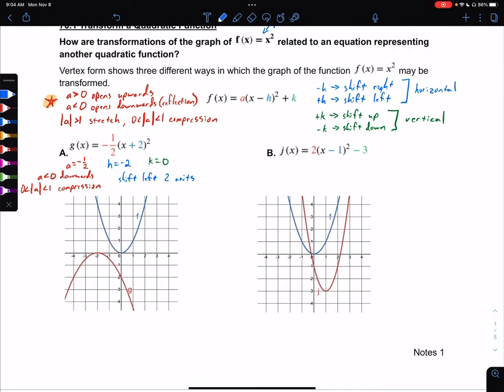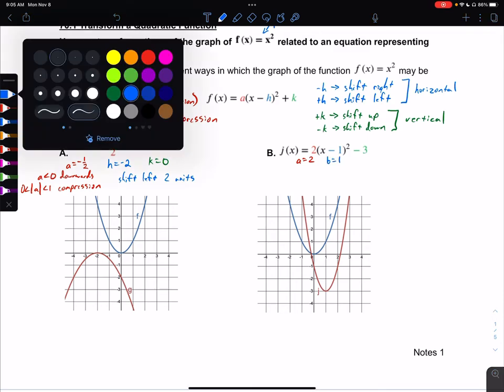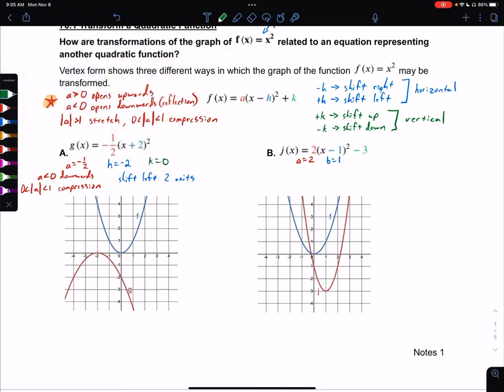All right, in example B, we have an A value of 2. We have a B value, be careful, B is actually 1. And then we have a C value of -3. All right, so let's just start with the C value because I already have the green marker highlighted. So for subtracting 3, that's going to be a shift down.